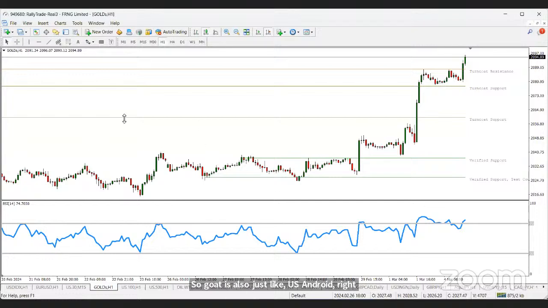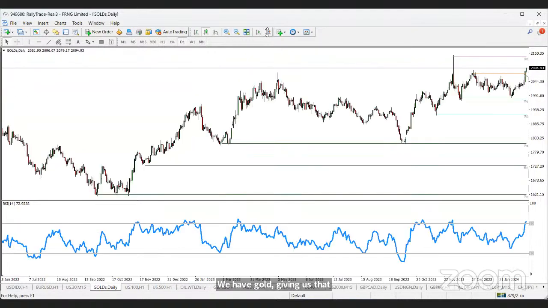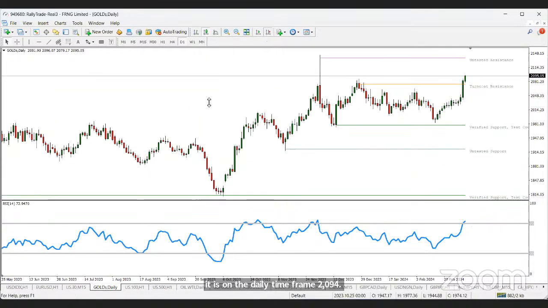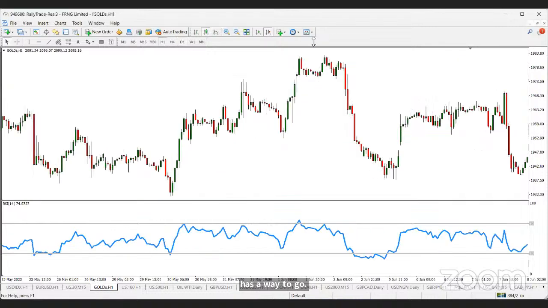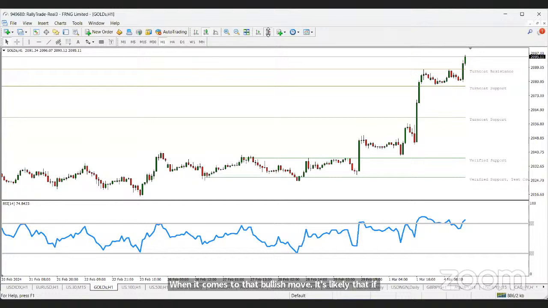We have gold giving us that push up. Let's see where it is on the daily time frame. 2094 is where we have gold, but gold still has a way to go when it comes to that bullish move. It's likely that if the dollar's weakness continues, gold might have that particular momentum.